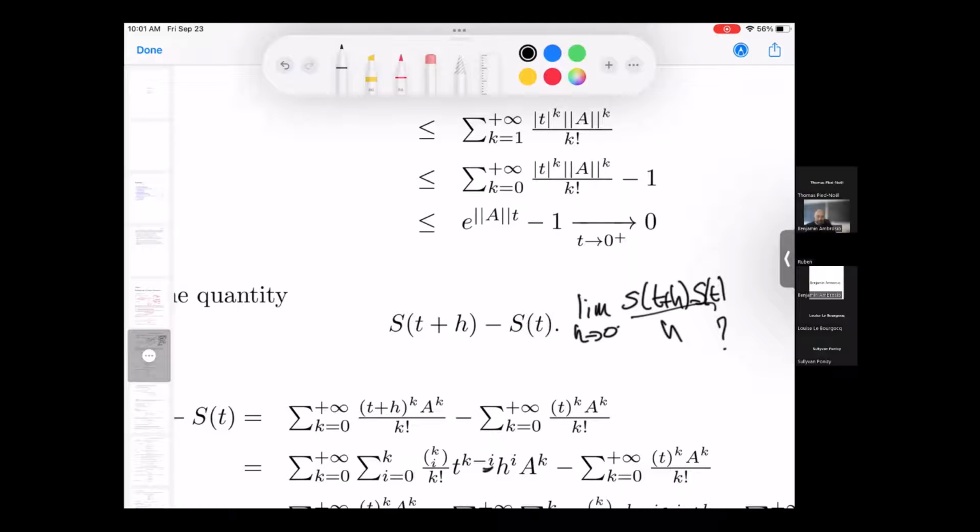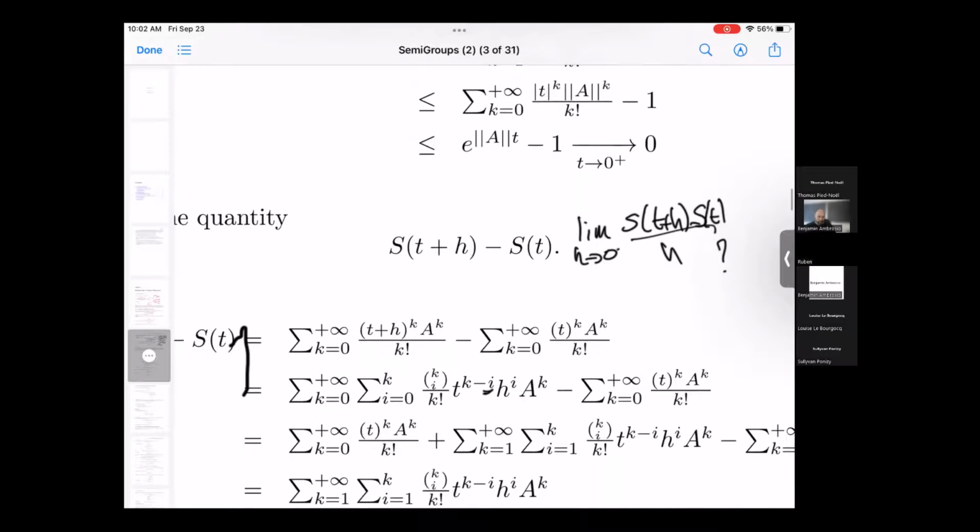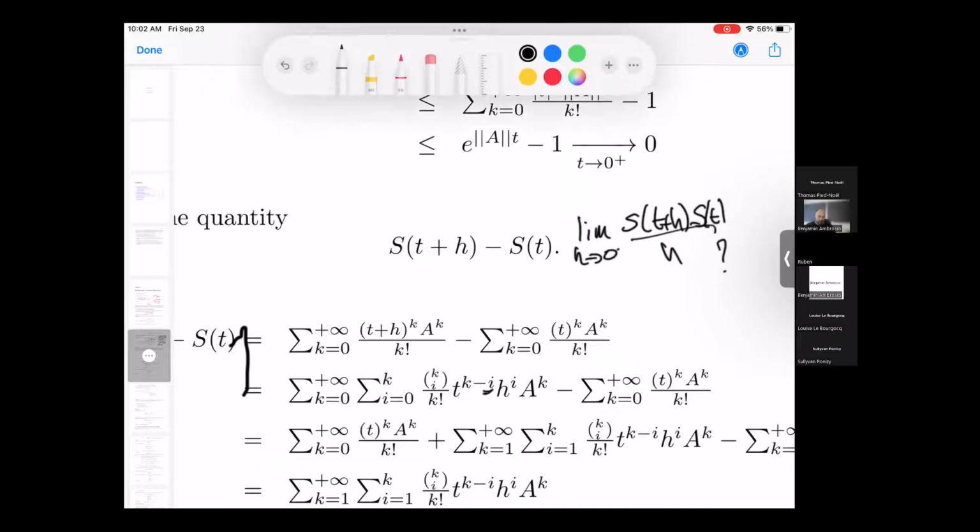So I split, in fact, this sum over i into i equals 0 first and then the other terms. If I do that, for i equals 0 here, I obtain the same thing as here.